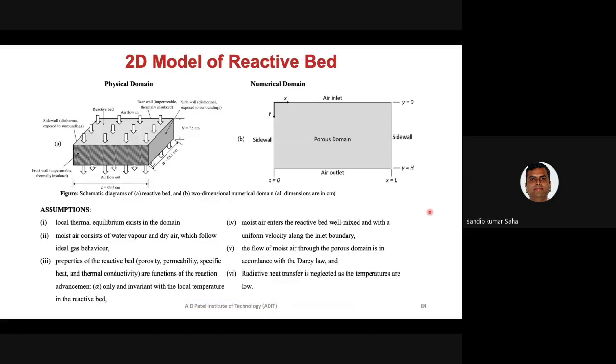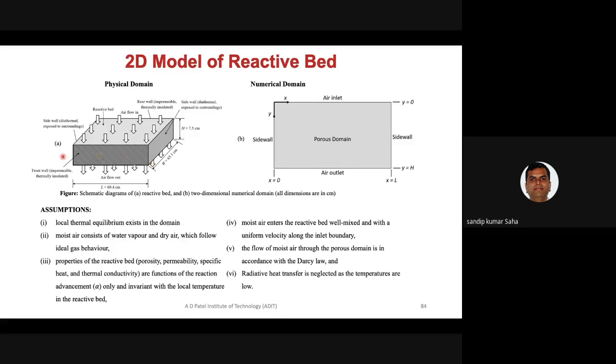Now coming to the numerical model, where we are trying to model this 2D reactive bed. Understand that in this bed we have incorporated that salt. You can think of it as a molten salt, but it's not that type of salt. It's basically a hydrated salt, strontium bromide with 6 H2O, means it has 6 H2O in its molecule.